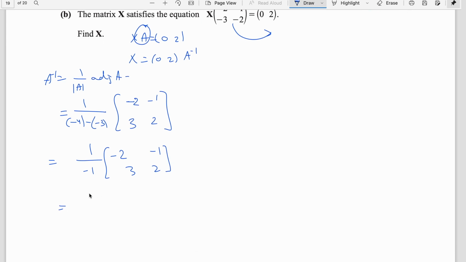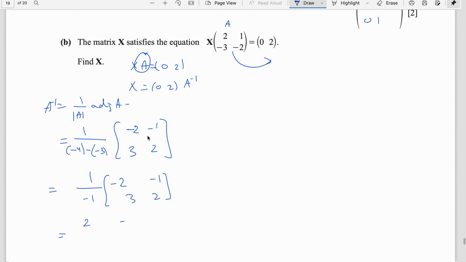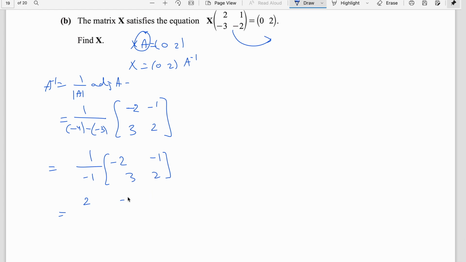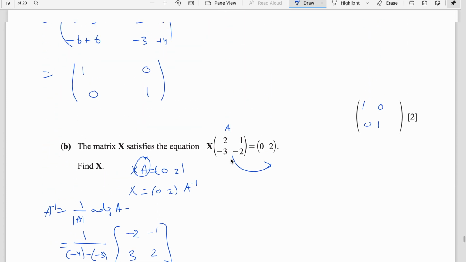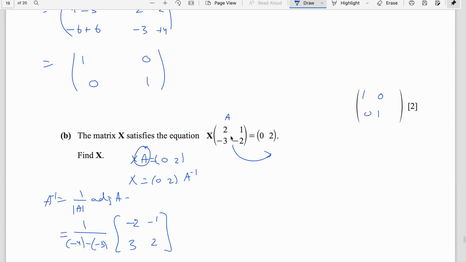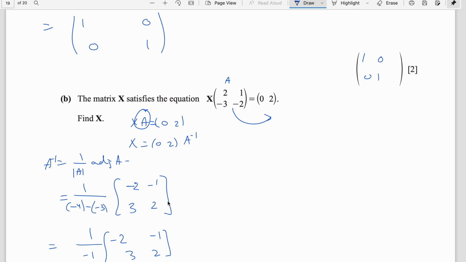When you multiply it with negative 1, this becomes 2, 1, minus 3, minus 2. A small check: place change, signs change.